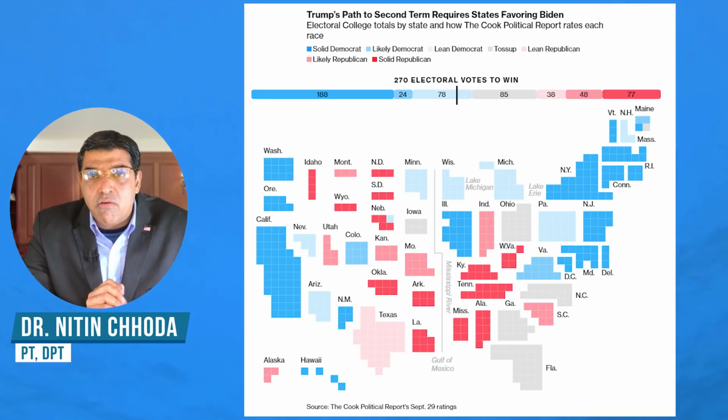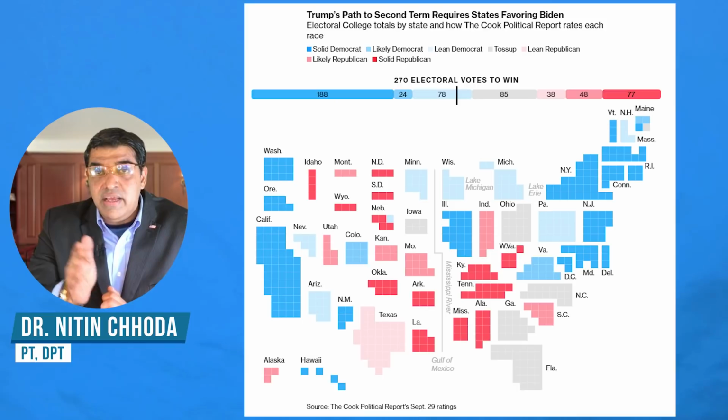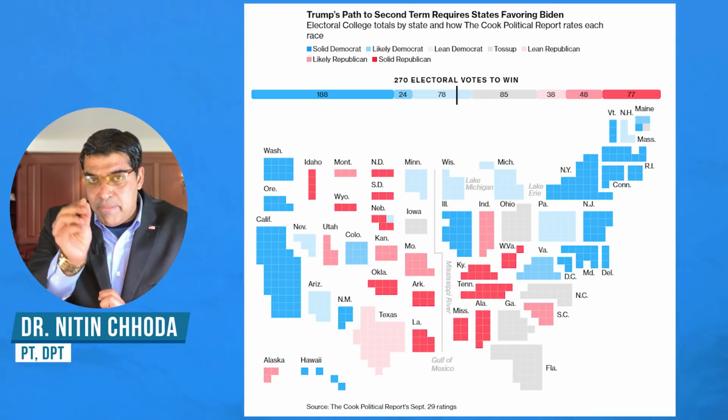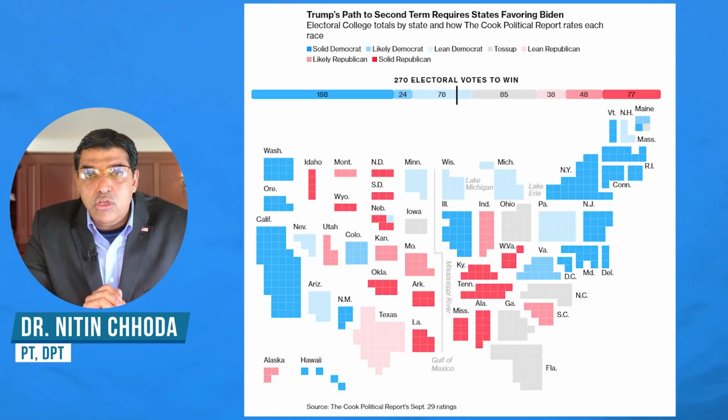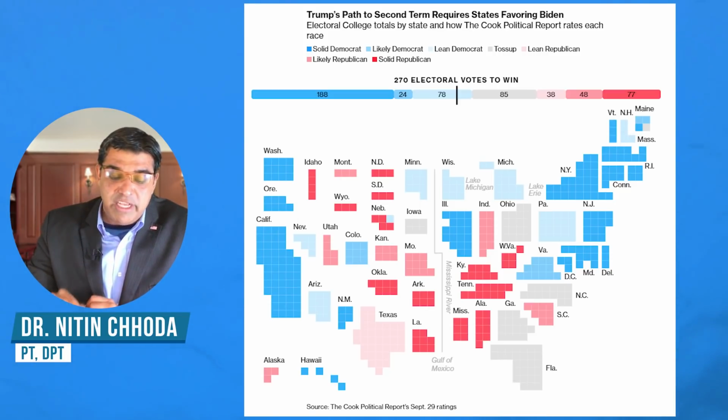So as you can see right now, if we look at the blue states, based on the data that is available right now, they are actually leaning Democrat. And you can see that black vertical threshold at the top, that is 270 electoral votes to win the presidency for former Vice President Joe Biden.